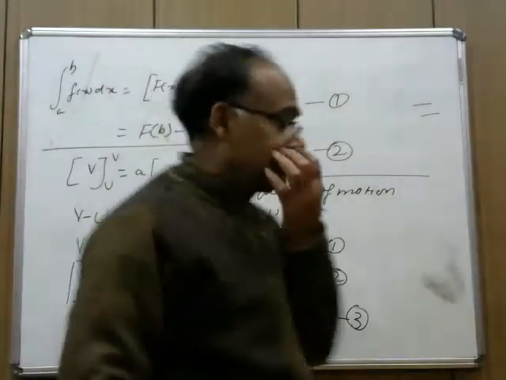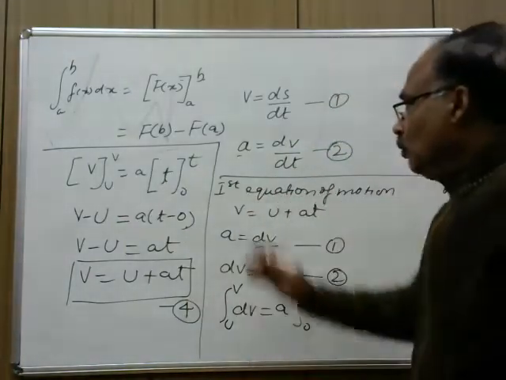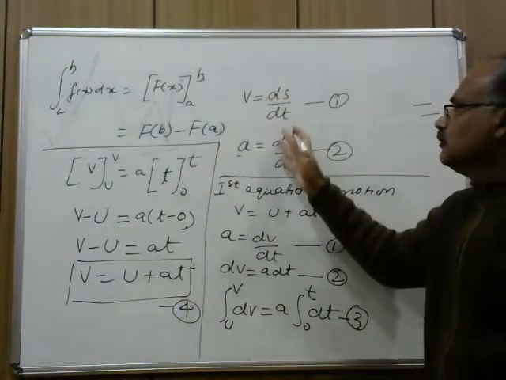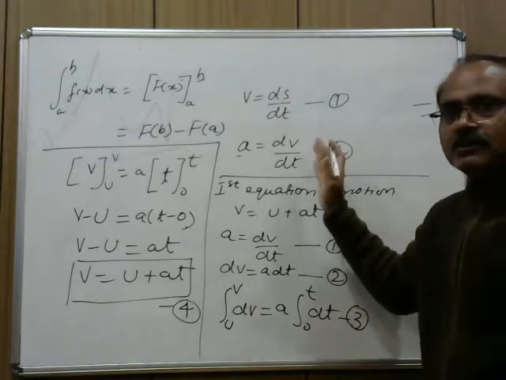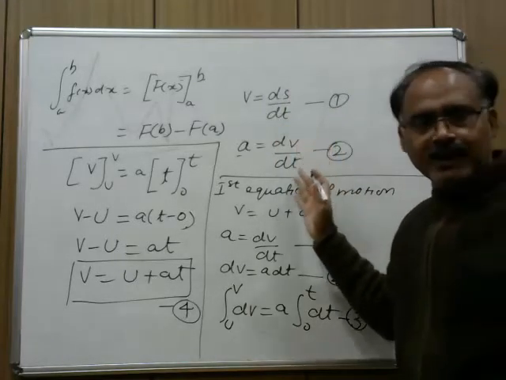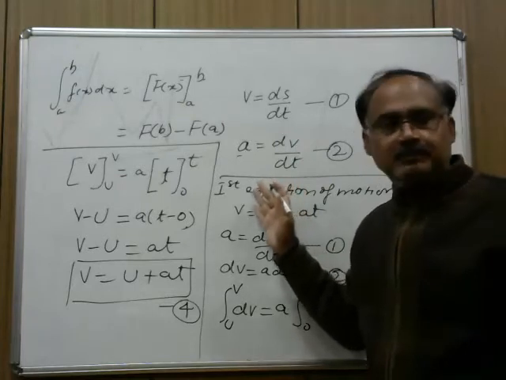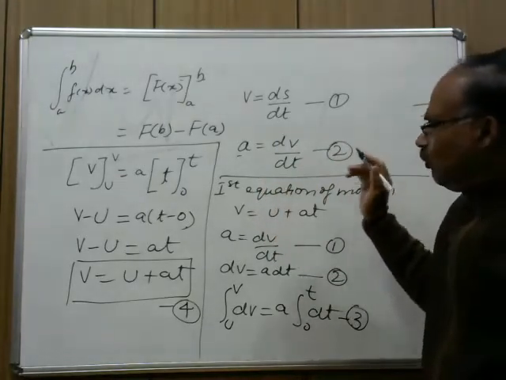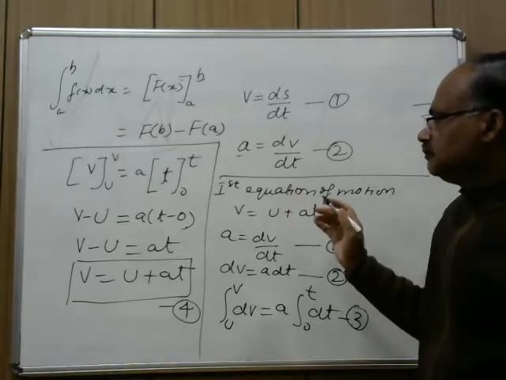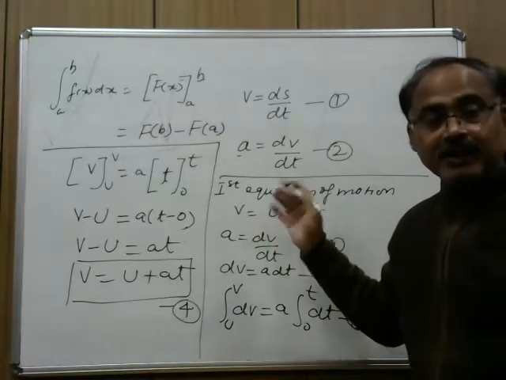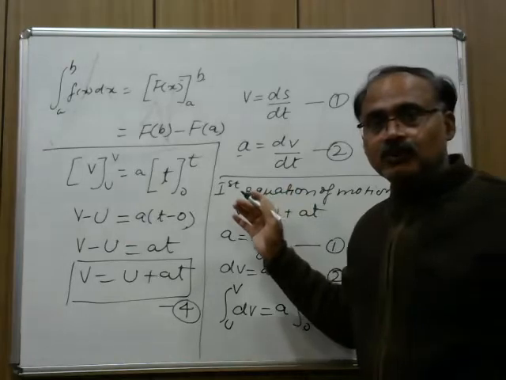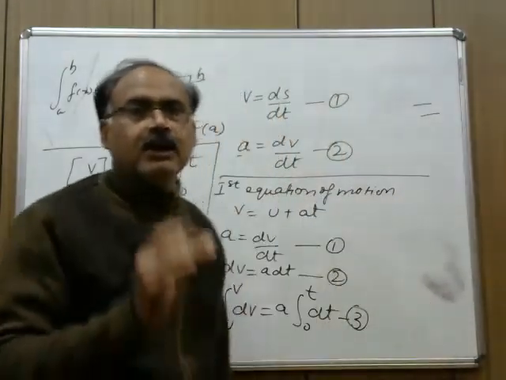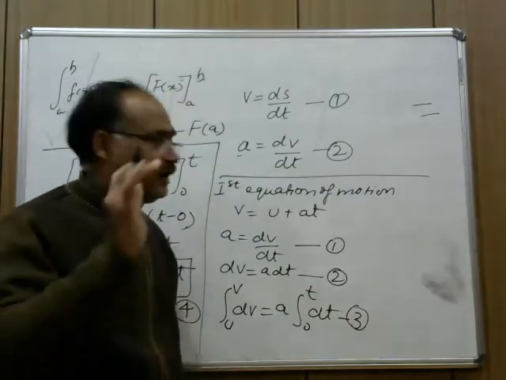Now you can see this. Once again I am repeating, these are two functions which we will use for obtaining the equations of motion by integral method. And while imposing the limits, that is lower limit and upper limit, we will see what the values of lower limits and upper limits are.